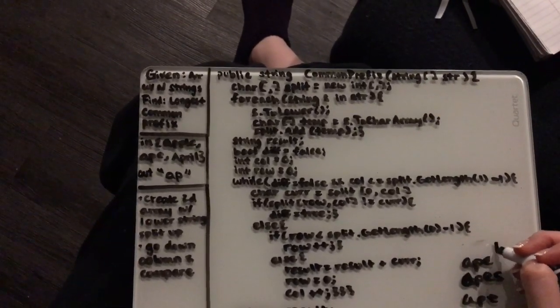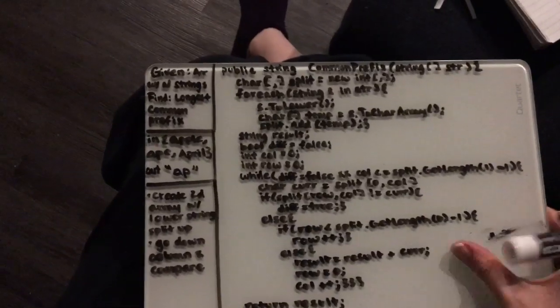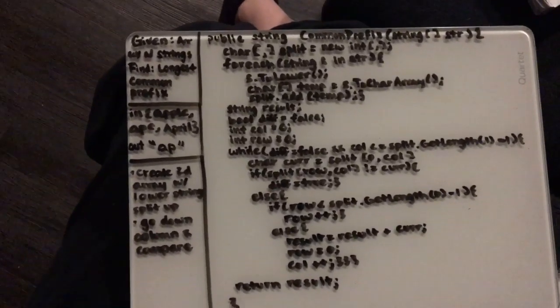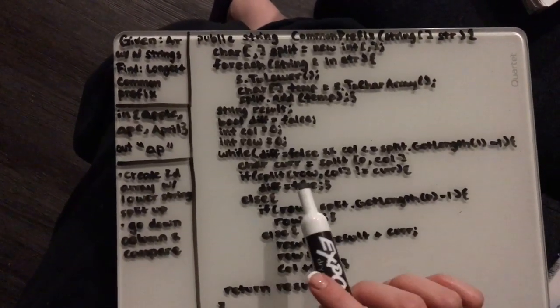If we got to here, we would end because there can't be any other prefixes that it contains, because there's no more letters. So that will also end our while loop.